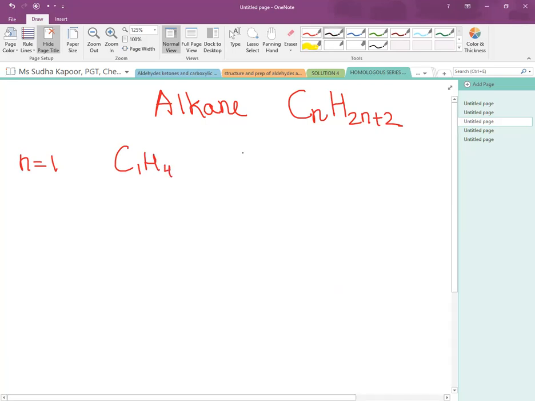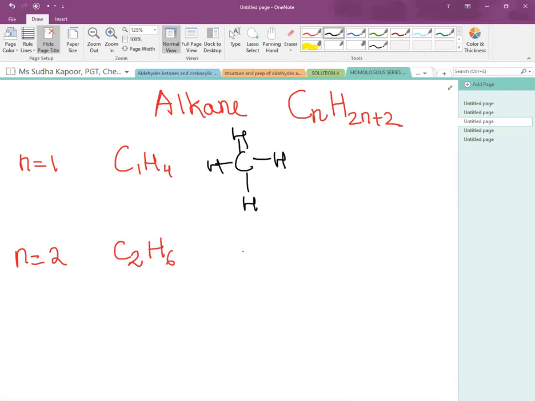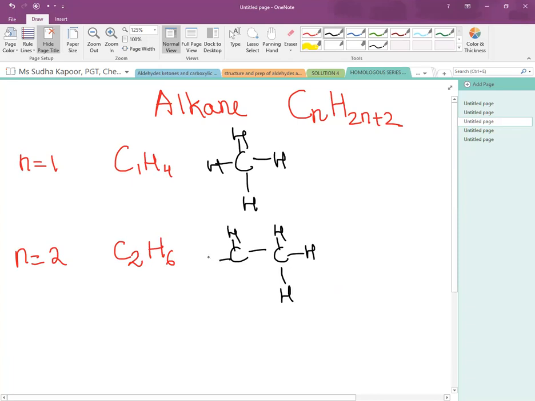The simple formula is 1 carbon having 4 hydrogen. The tetravalency is to be maintained. Now if n is equal to 2, then the formula becomes C2H(4 plus 2), that is 6. So the formula can be represented as C2H6.